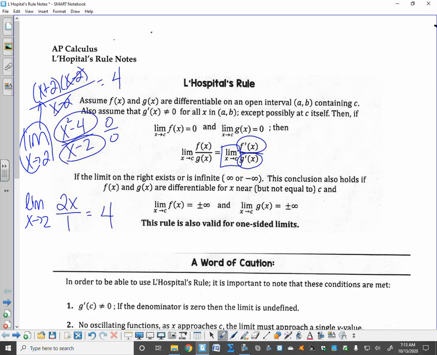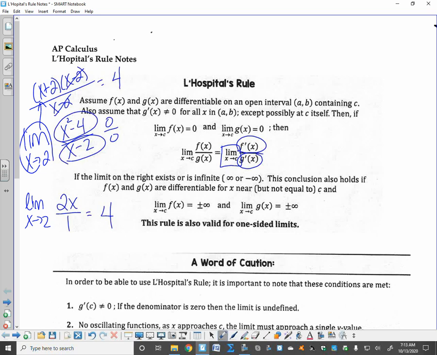Here's the word of caution. L'Hopital only works for indeterminate forms. So you can't get L'Hopital happy. You can only use L'Hopital's rule if the limit of the top and the bottom are both approaching 0 or infinity. If it's an FRQ, you have to show that separately.